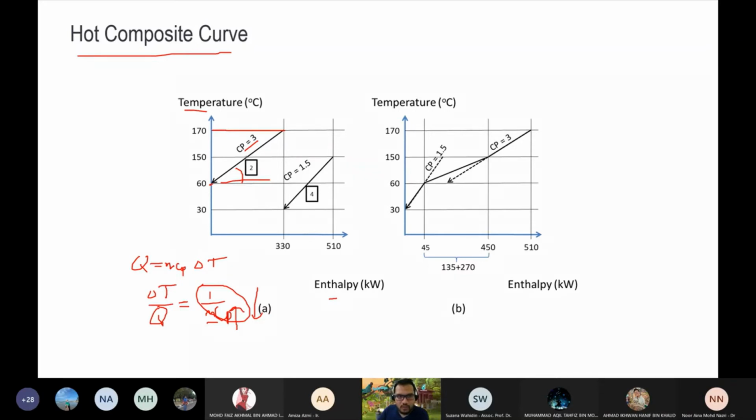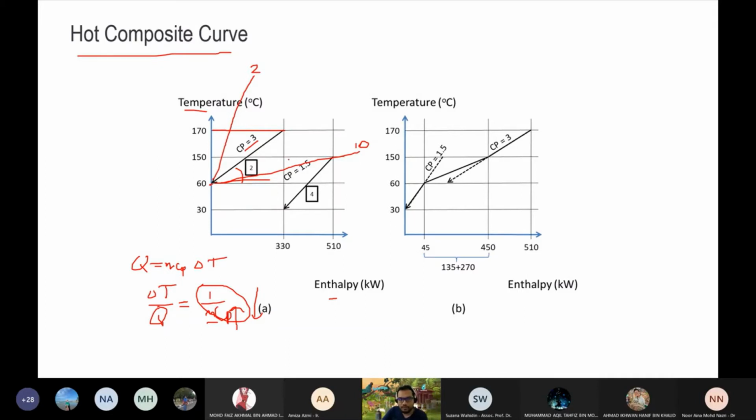So if we have CP equal to 10, for example, it will become shallower like this. If the CP is lower than 3, that means the MCP becomes lower, and 1 divided by something low is something big, so it will become something like this. This is, for example, MCP equals 2.